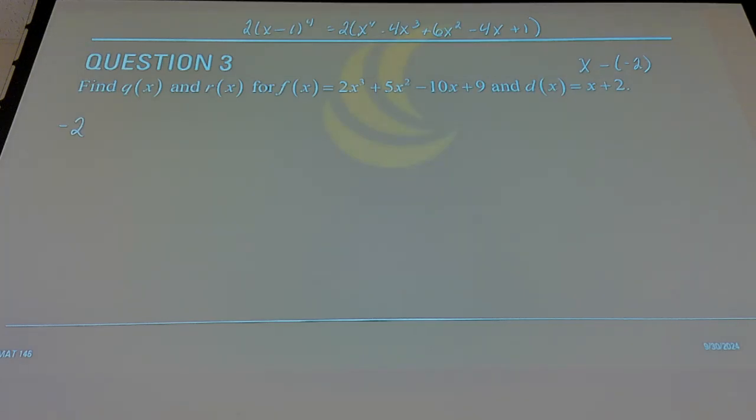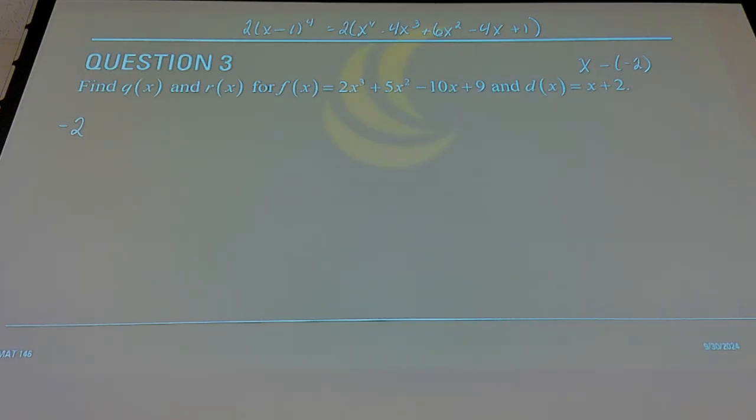That would be x minus 1 to the 4th expanded. Is that standard form? That is also not standard form. That 2 also has to be distributed through.